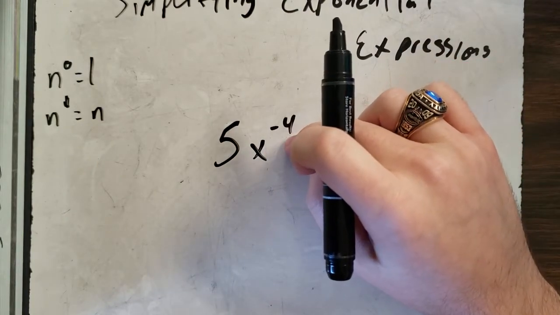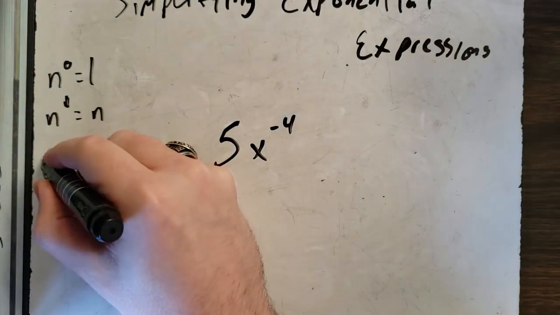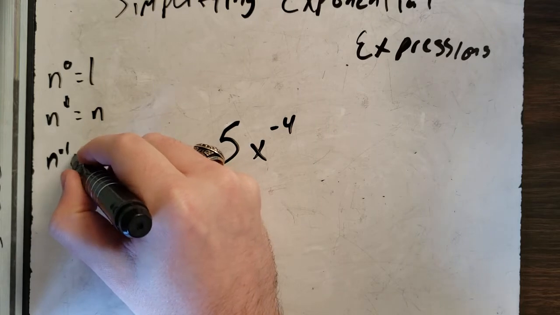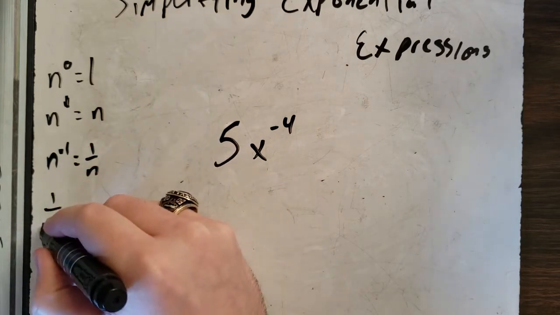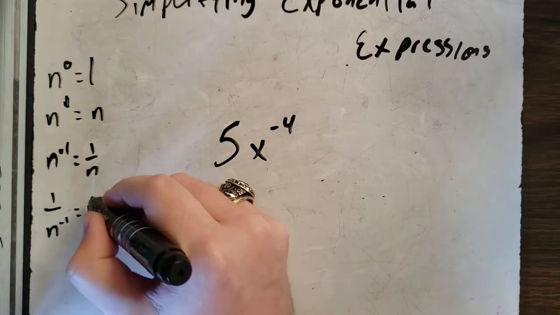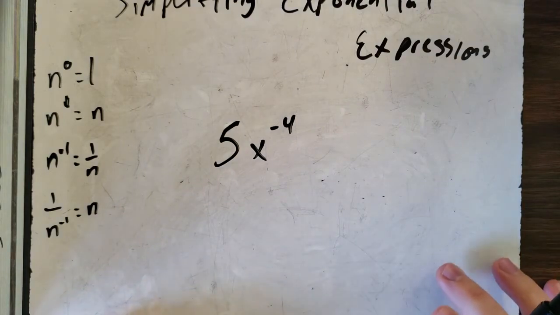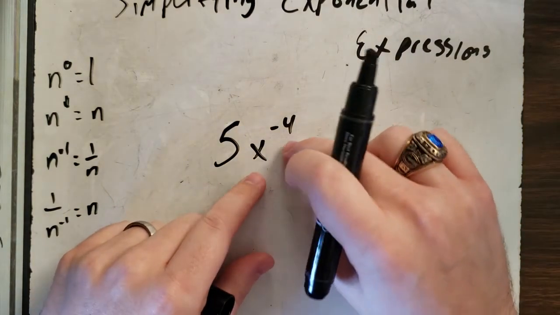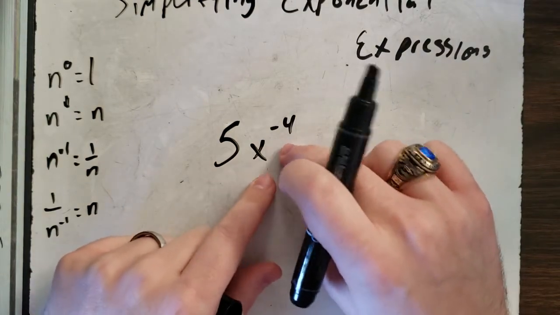Now, we know about negative exponents, and I can rewrite it over here like this. If our x has a negative exponent, this exponent only goes to the x. It doesn't go to the 5, only the x.